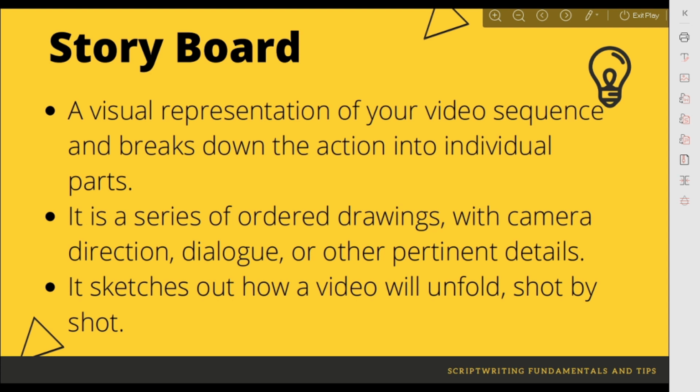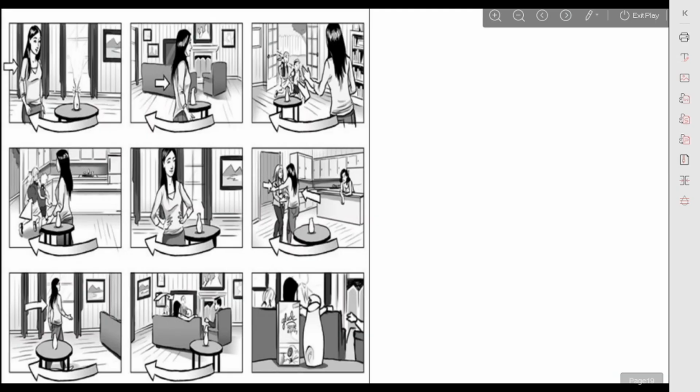It is a series of ordered drawings with camera direction, dialogue, or other pertinent details. It sketches out how a video will unfold shot by shot. An example of a storyboard is like this. The first scene will be this box here, the top left portion of your screen, and then it will change to this scene.